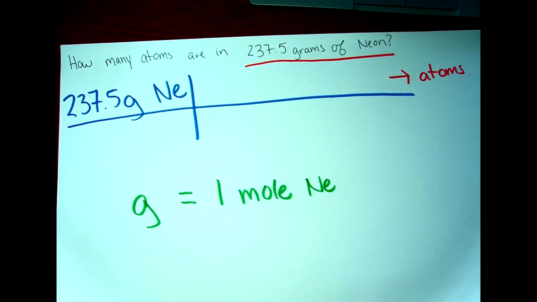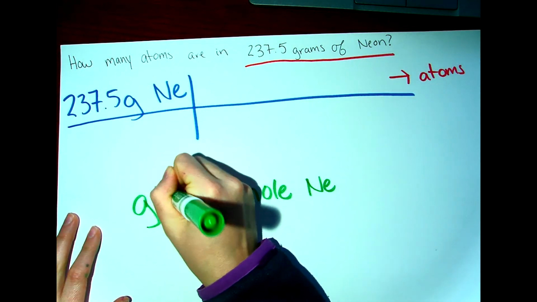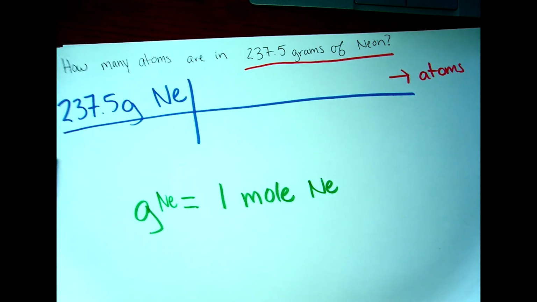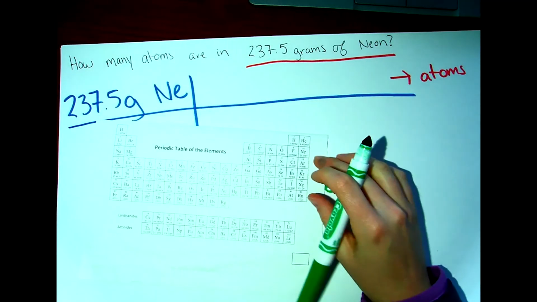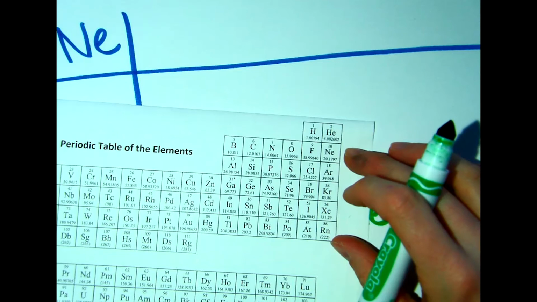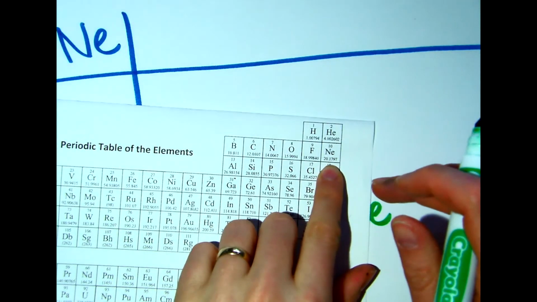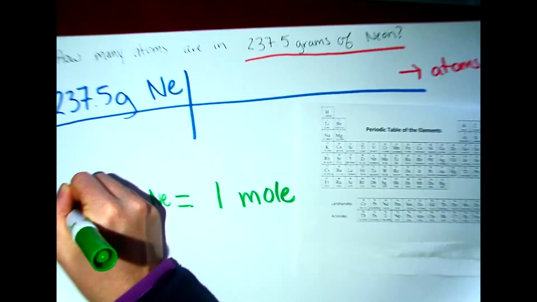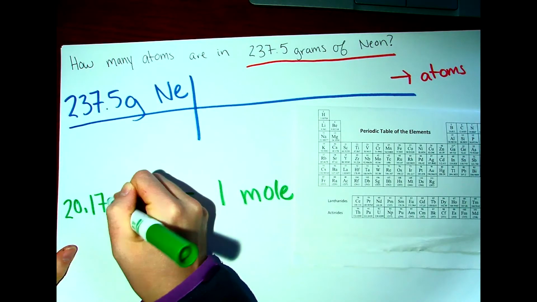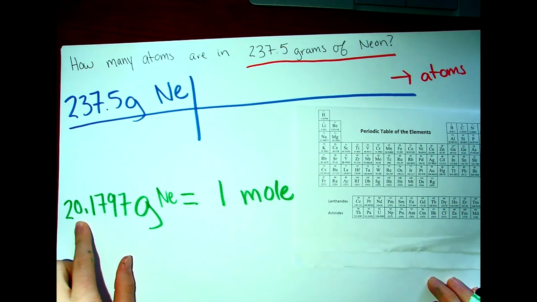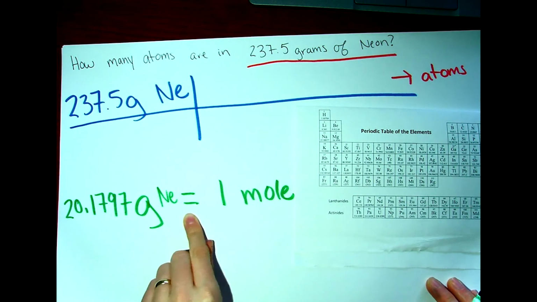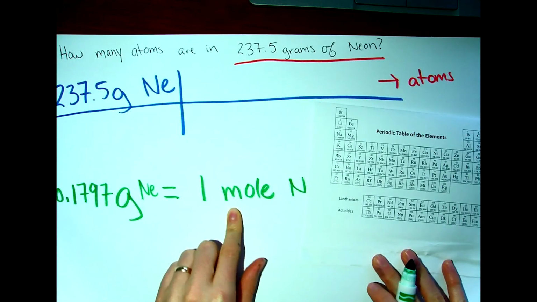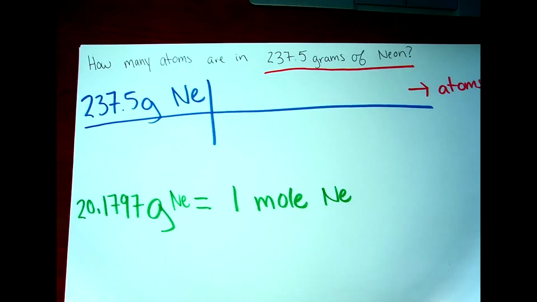In order to figure out how many grams of neon are in 1 mole of neon, we'll use the periodic table and look for neon's atomic mass, which is 20.1797. So that means 20.1797 grams of neon is the same as 1 mole of neon. That's due to the rule of molar mass and the relationship between the mole and the periodic table.